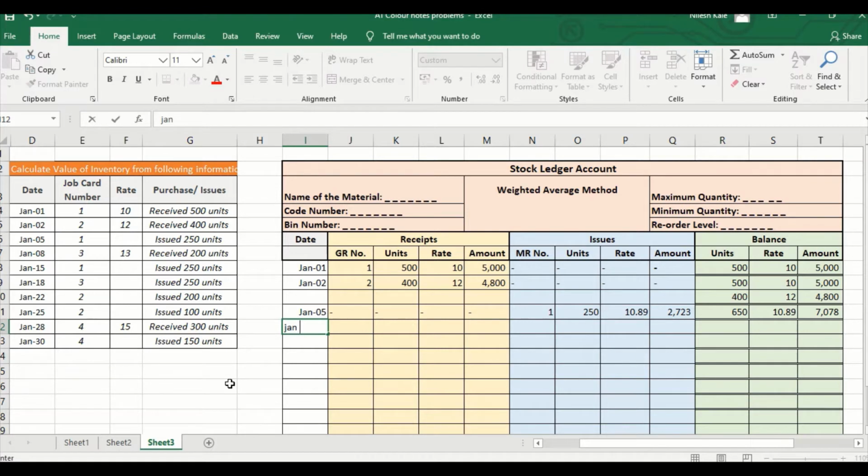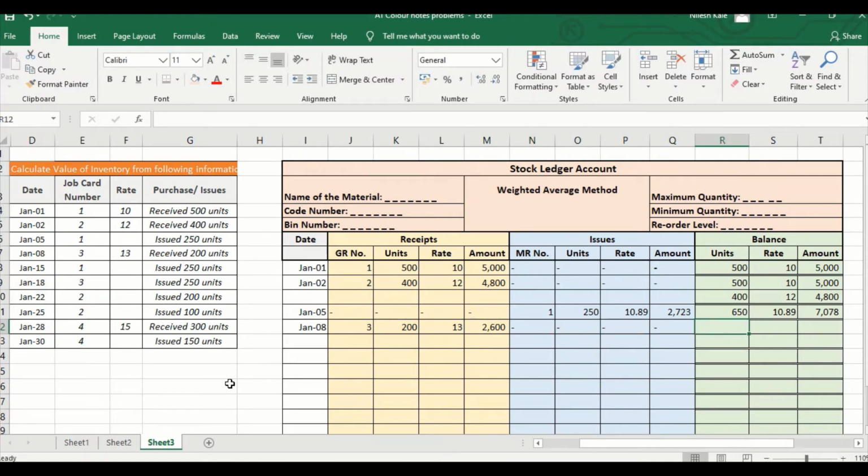On January 8, we have received from job card number 3, 200 units at rupees 13. Now what is the price? 200 into 13. Now we have not issued anything.